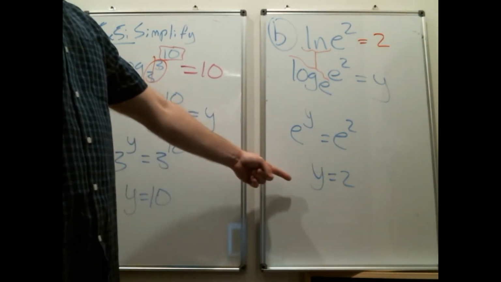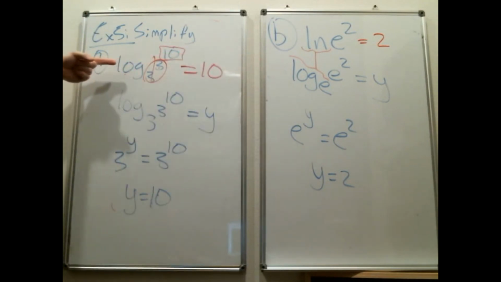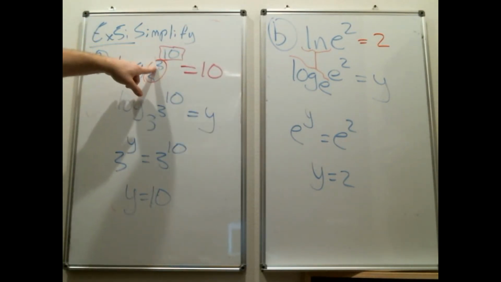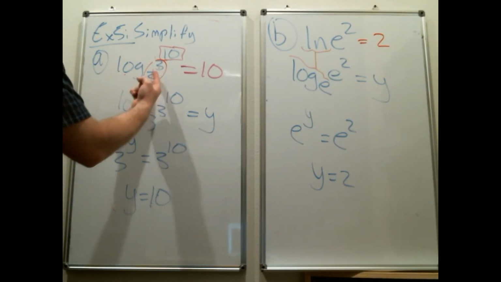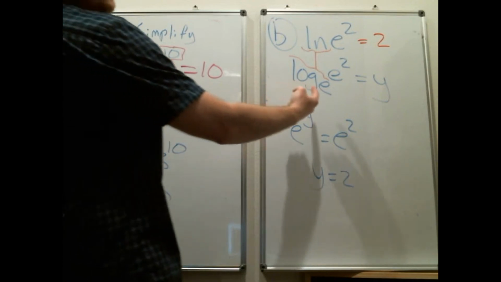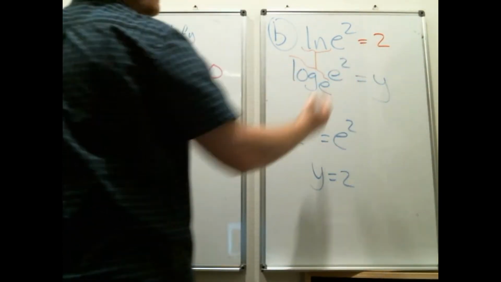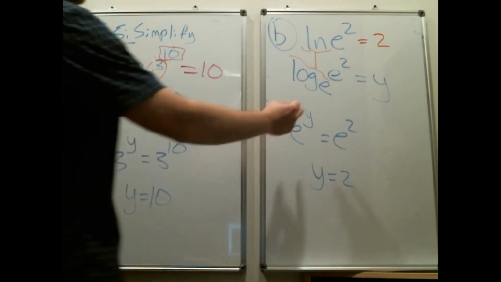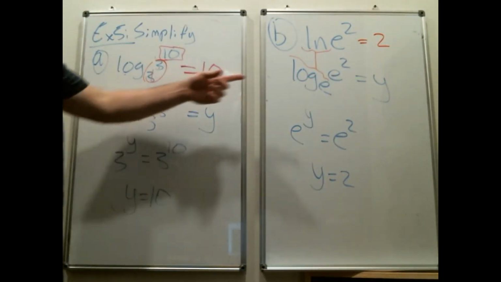Alright, let's come back up here first. Let's look at this step and see how it relates to this messy one over here. Notice that this base was 3 and this was 3 and our answer was 10. Same thing here. Our base was e and this is e, and then this 2 was our answer. So this still holds, but then we can take it a step further.